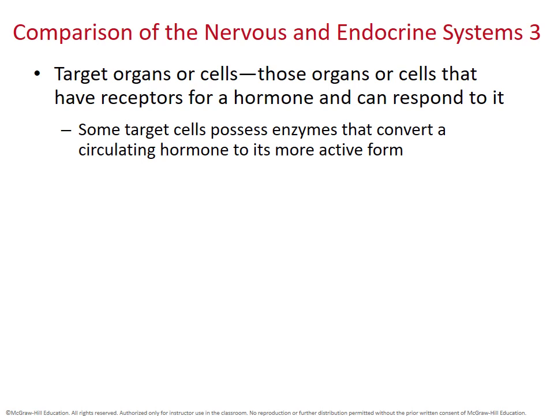And again, as is typical with the nervous system, the end target or effector of the neural pathway has to have receptors for the neurotransmitter, and the same is true for the endocrine system. The target organ of the hormone can only respond to the hormone if that target organ has receptors on its cells for that specific hormone.